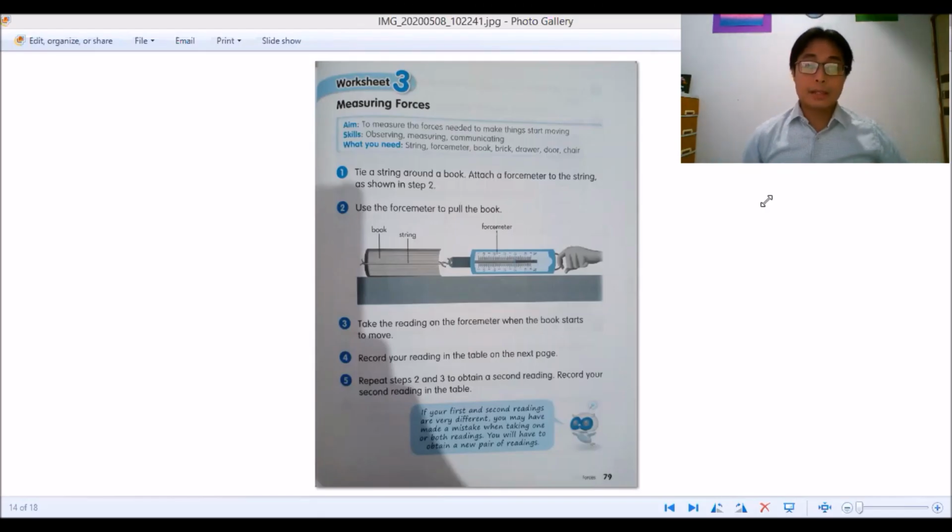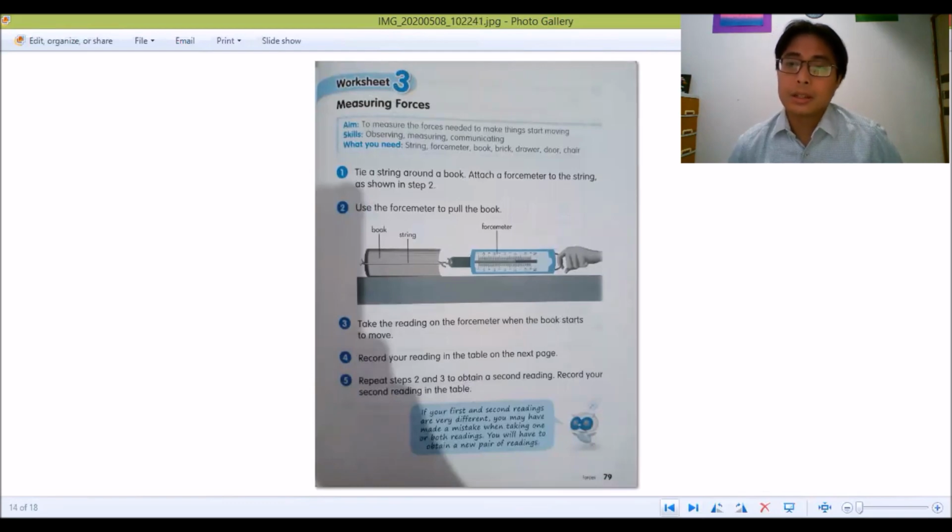Okay, so now you're going to answer your activity book. To answer this, you really need to have a force meter. But I told you, if you don't have one like this, no need to buy outside, okay? Because we need to stay at home.